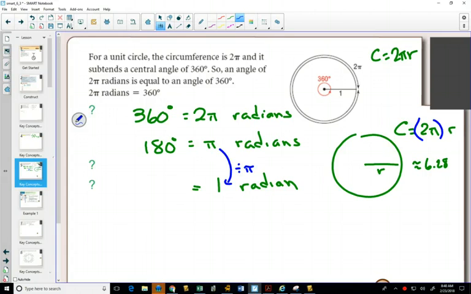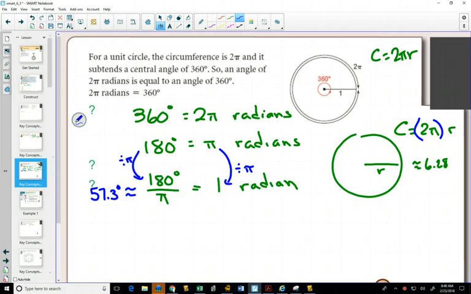So on this side, 1 radian, I would divide by pi on this side as well to get there. And I find out that 1 radian is 180 over pi. If we type that into our calculator, 180 divided by pi, then we get 57.3 degrees, which is a little bit less than 60, what we thought before.